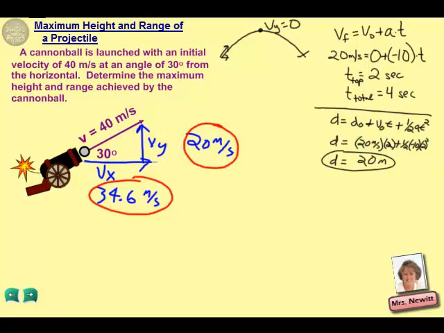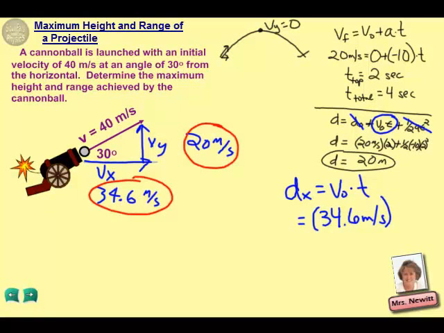Okay, now we're ready to find the range or the horizontal distance. Notice that if we go back to our distance equation, we don't have to worry about initial distance. We do have initial velocity in the horizontal direction, so we need to use that, but we don't have any acceleration. So in the x direction, we're left with just initial velocity times time. Be sure you use the horizontal part of the initial velocity, so that's that 34.6.